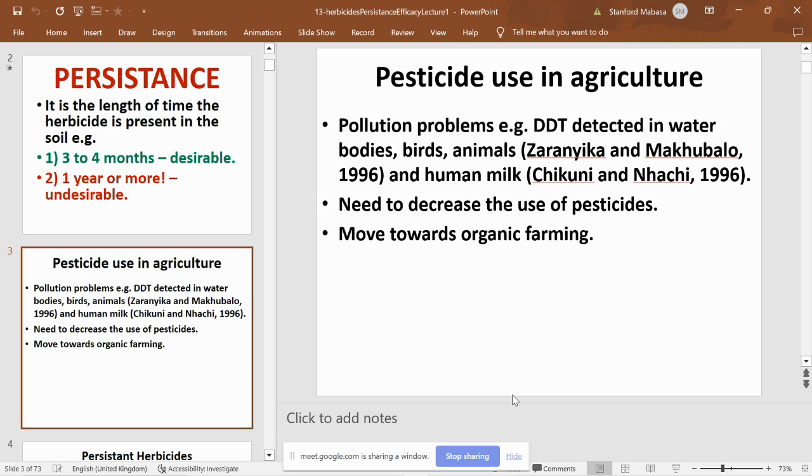But the downside was that this pesticide had a long residual period within the environment.